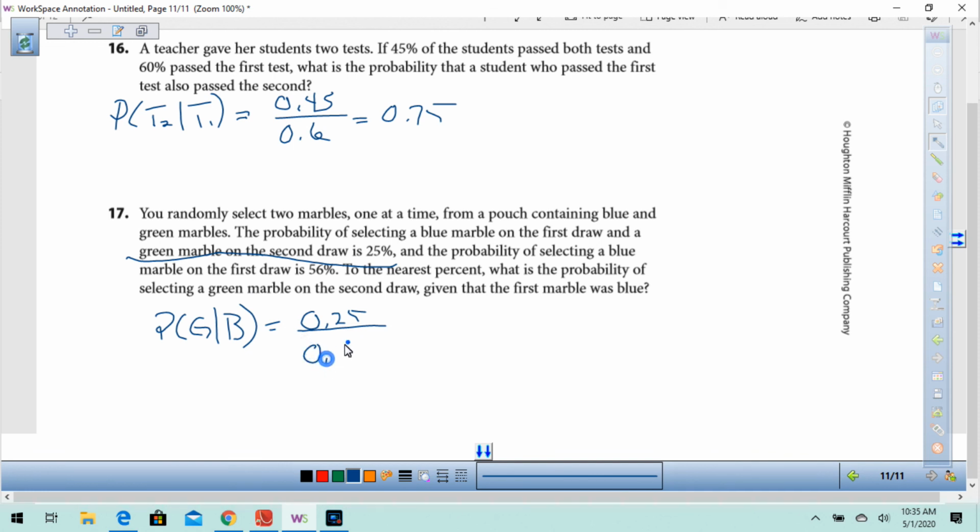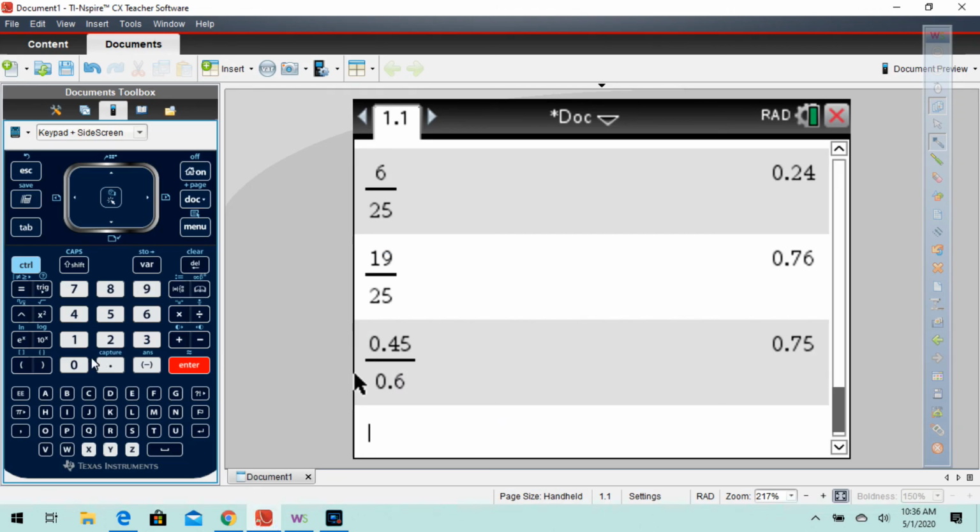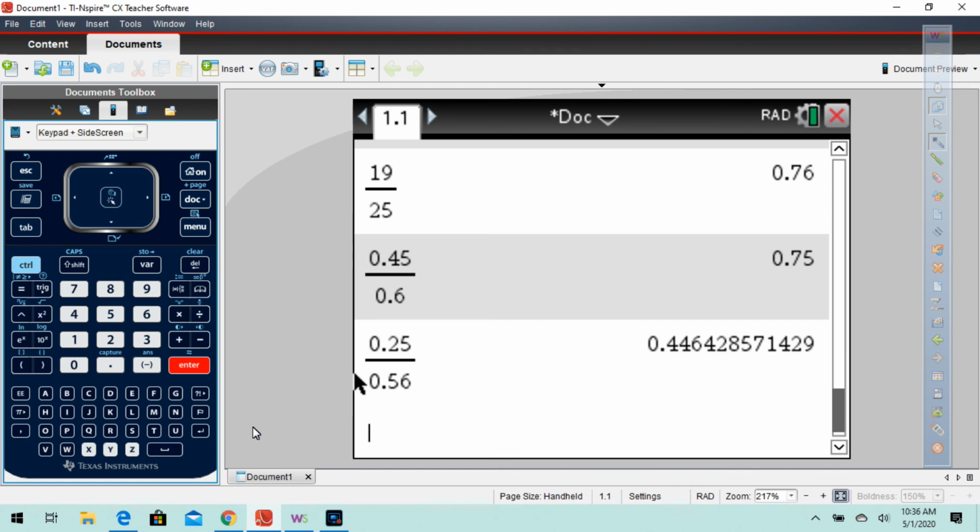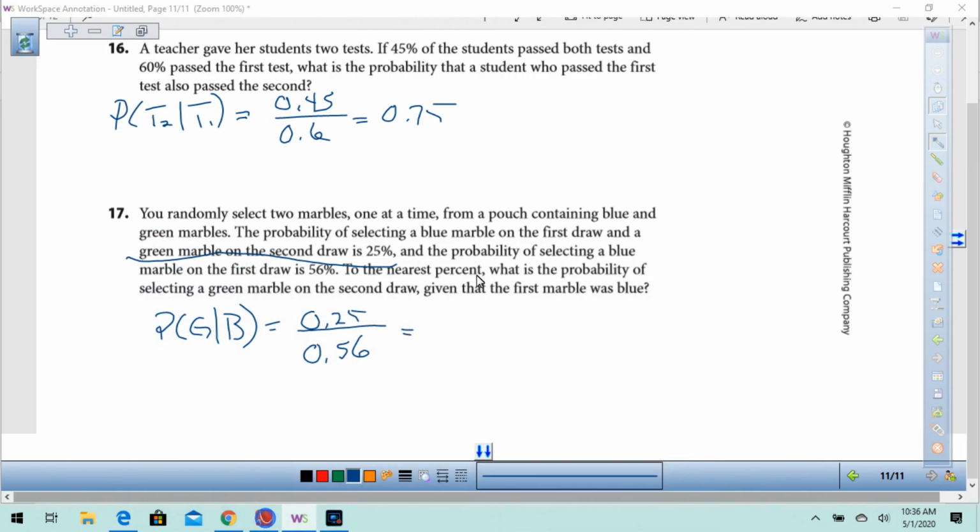So I got 0.56. Okay. 0.25 divided by 0.56. And that's 0.446, or we'll just say approximately 0.45.